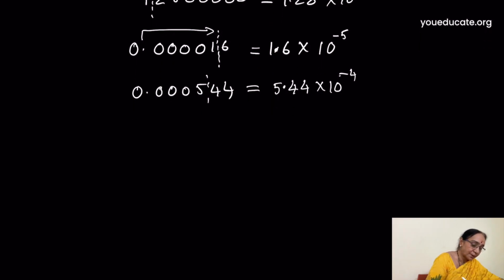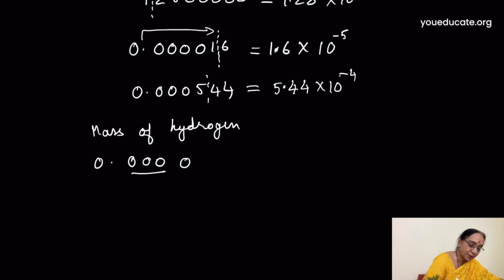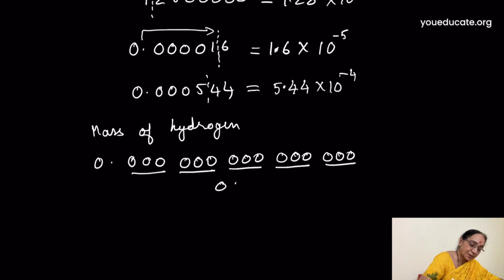Say the mass of hydrogen is given as 0. It's a very, very small quantity. 1, 2, 3, 4, 5, 6, 7, 8. So here, so that I don't miss out any zeros, I'm going to divide them in groups of 3. So 4, 5, it continues, 6, 7, 8.